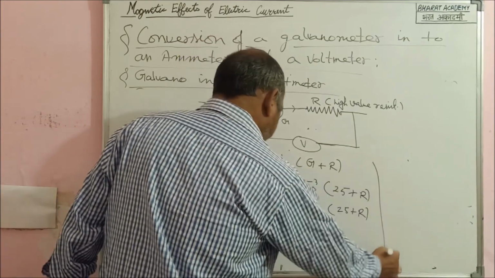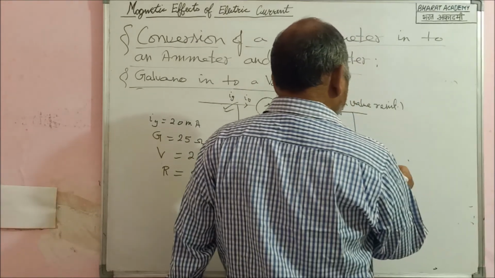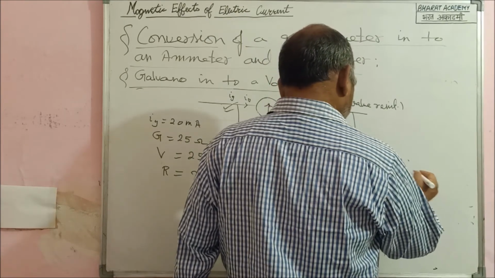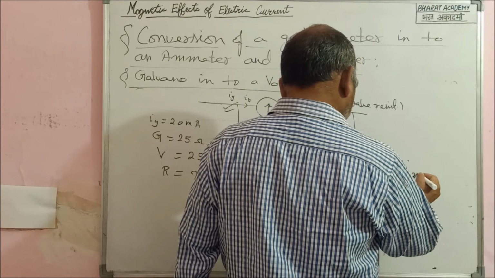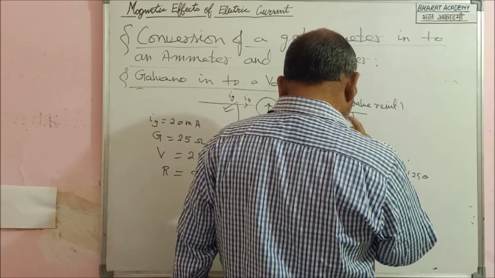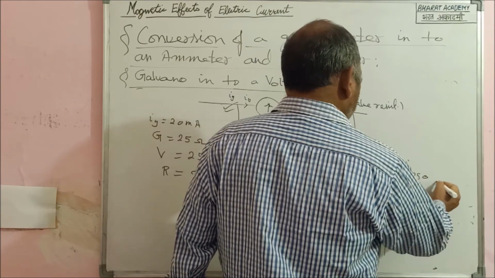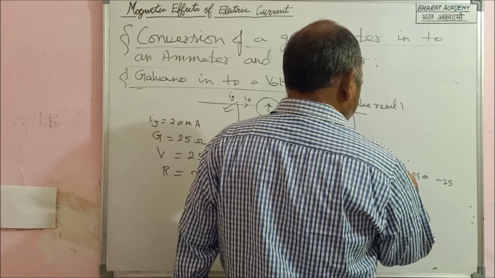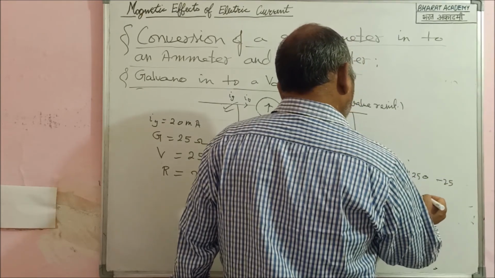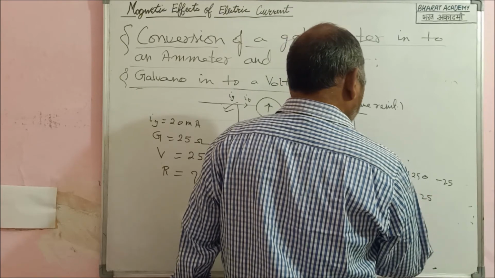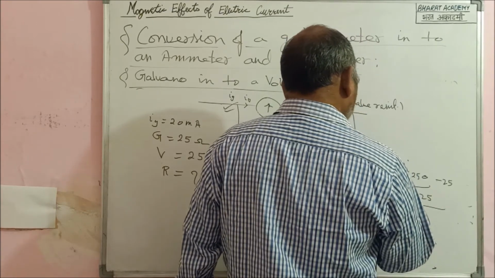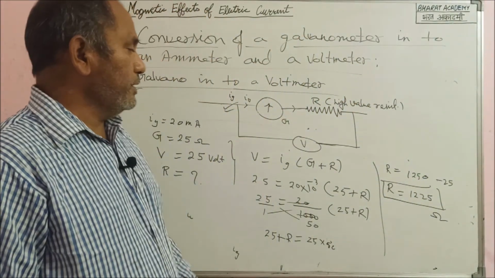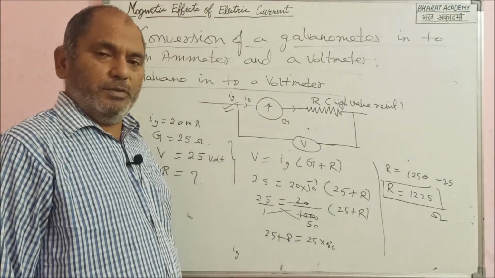So R will be 1250 minus 25, which comes out to be 1225 ohm. This will be the required high value resistance to convert the galvanometer into a voltmeter.